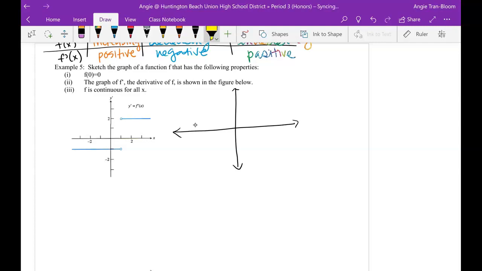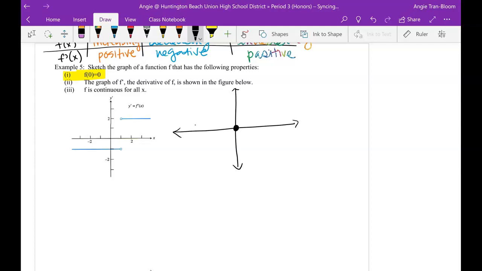Property 1 says f of x has an algebraic value when x is 0, y is 0. So what does that mean? I'm going to plot 0, 0. This is what it means by f of 0 is 0. Property 2 says the graph of f prime, the derivative of f, is shown below.